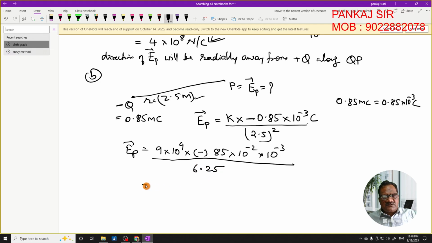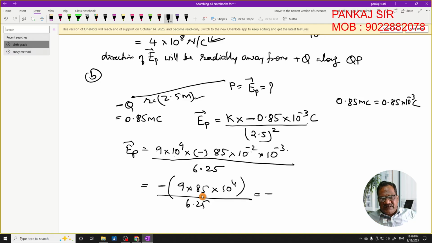So our answer will have this negative sign. Now this is 9 times 85, sign I am keeping outside. So 9 times 85, and this is 10 raised to 9, and 9 minus 2 is 7, and 7 minus 3 is 4. So this will be 10 raised to 4, divided by 6.25. So my answer will be, negative sign will always be there.